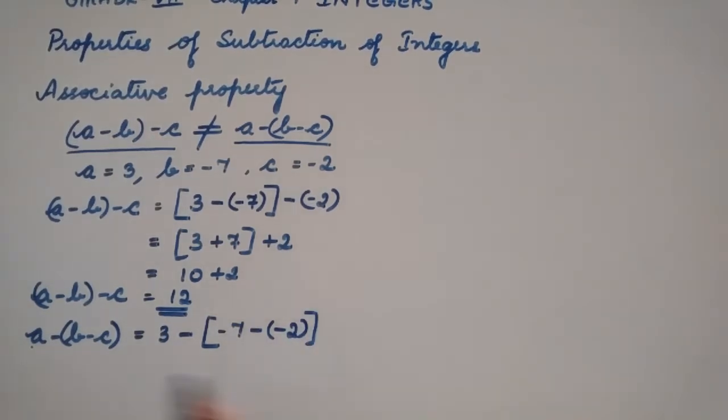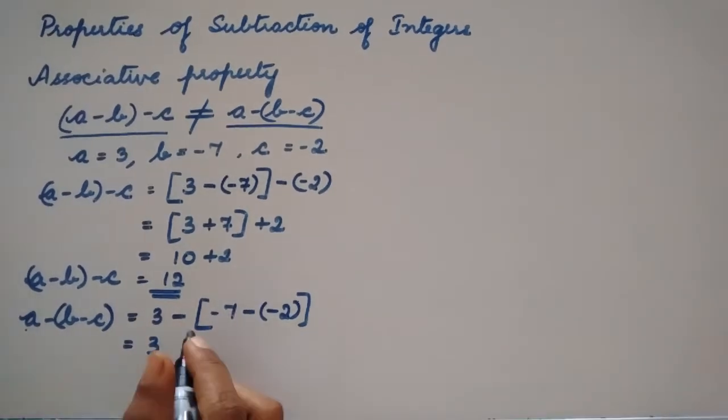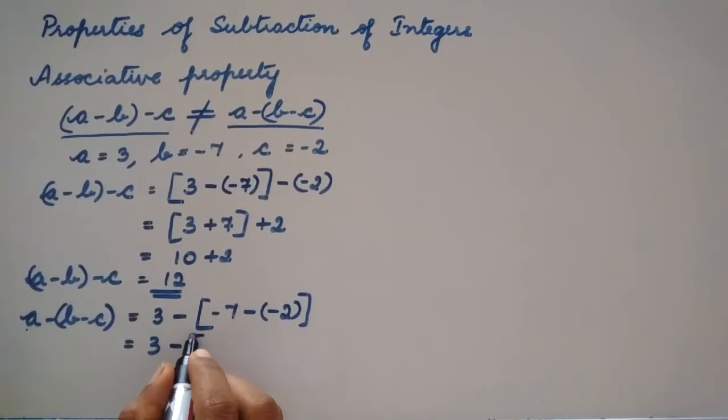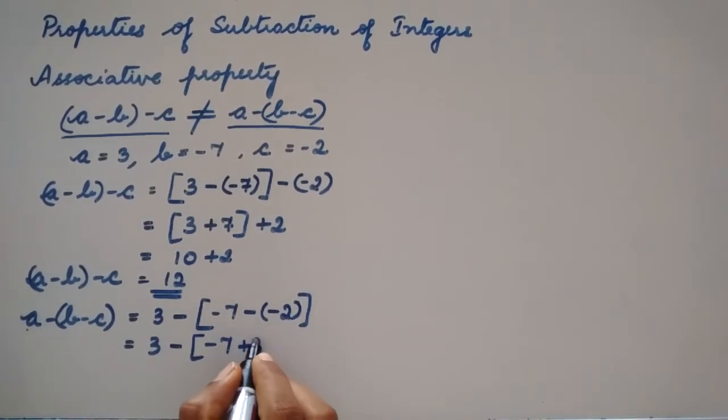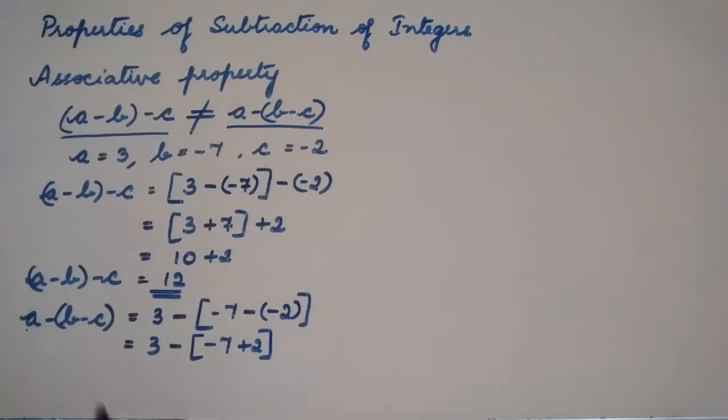So close this bracket. We get 3 minus, we have here minus 7, minus of minus 2 is plus 2. So 3 minus, what is minus 7 plus 2? It is minus 5. So this is equal to 3 plus 5, which is equal to 8.